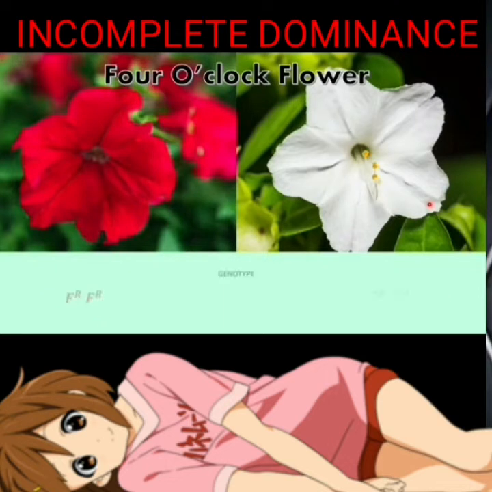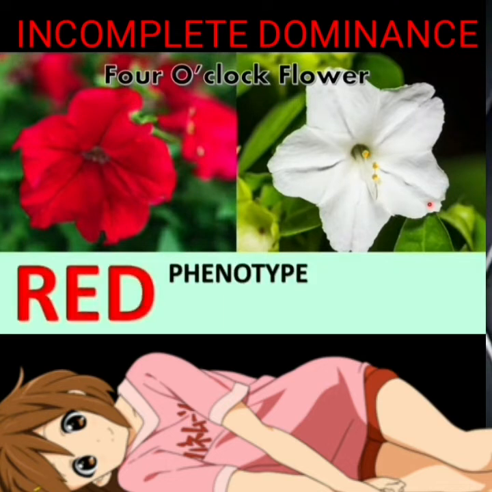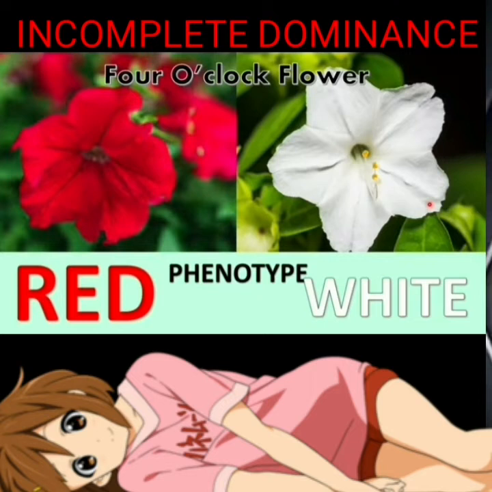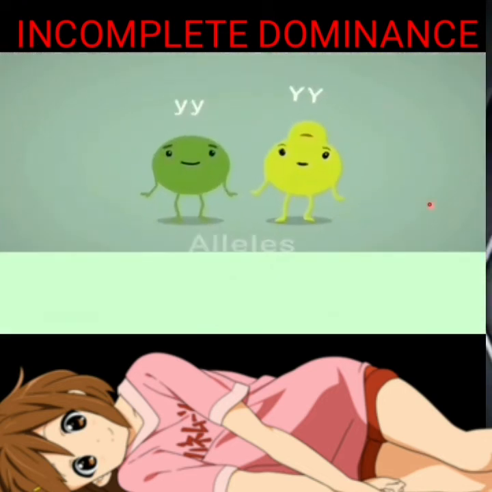While the phenotype of the first one is red because it is color red, it is its appearance, and the other one is white, the physical appearance or the feature or the trait of the organism. That is the difference between the genotype and the phenotype. Is that clear, class? Now let us proceed.